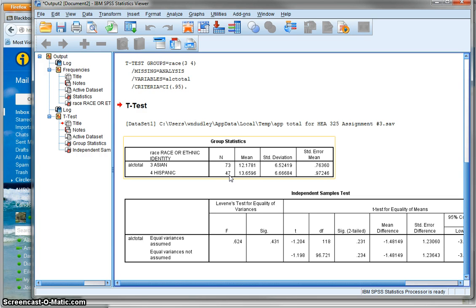So now, if we had had 700, I'm just guessing, and 400 in this study between Asians and Hispanics, this mean difference could have shown up as being statistically different, because we would have more subjects, we would have more power, and that's like turning the microscope lens to a higher power, and we'd be able to detect a smaller difference between the two groups.